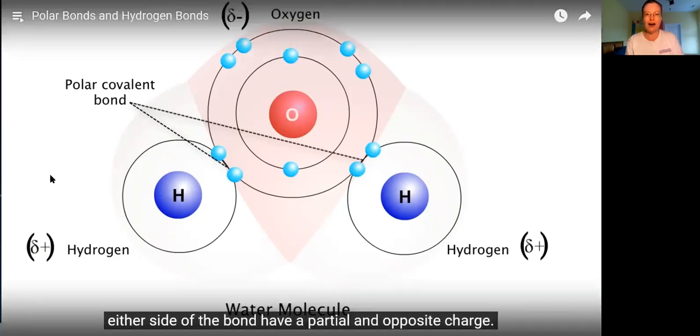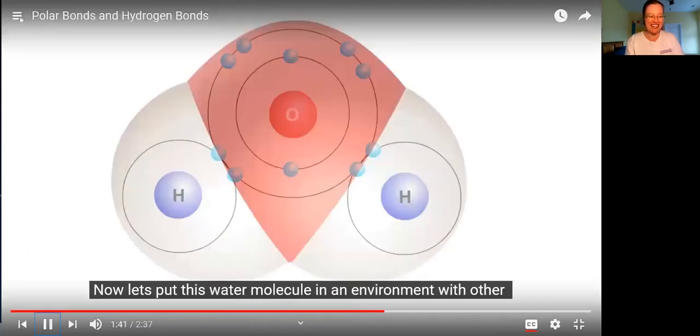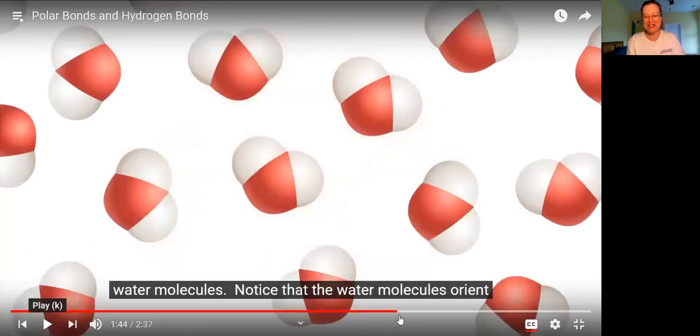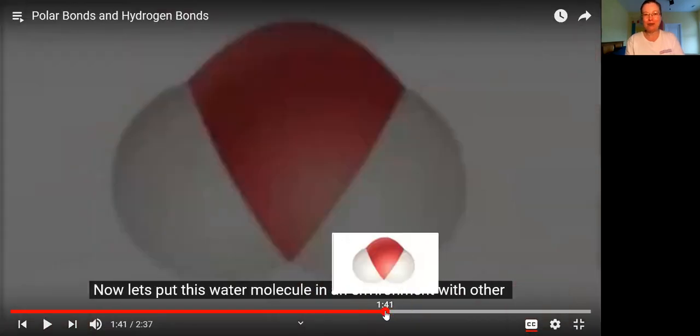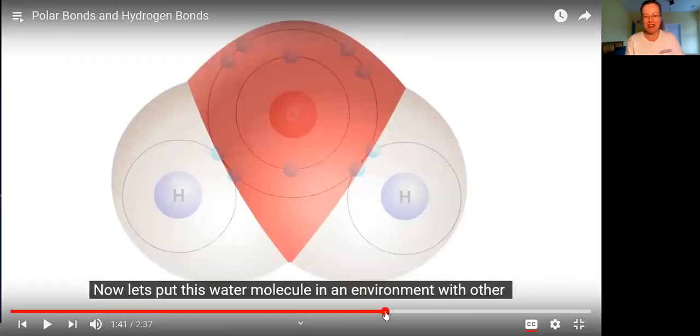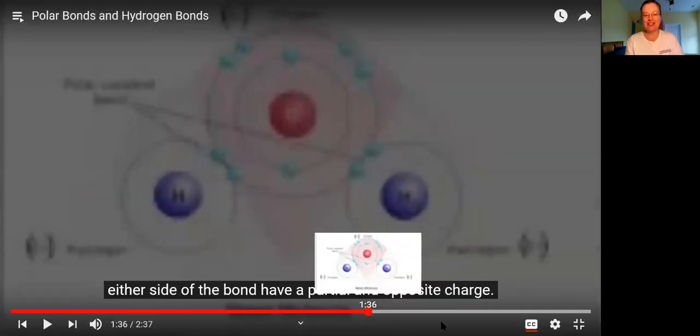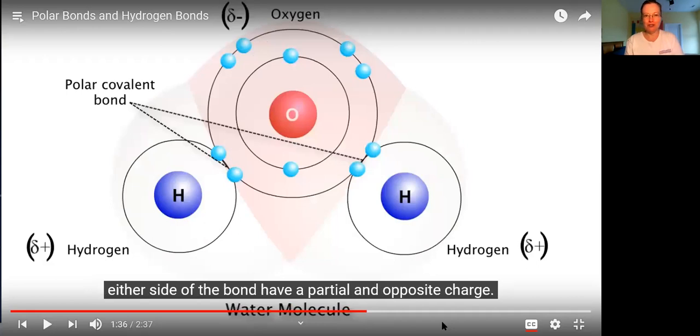Okay. Now let's put this water molecule in an environment with other water molecules. All right. So with the ionic bonds, they have a complete positive and negative charge. With a polar bond, they have a partial and opposite charge.